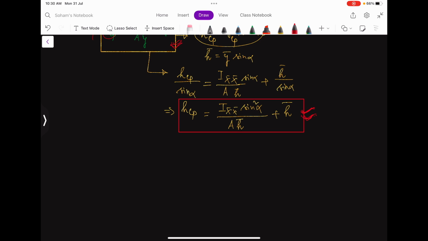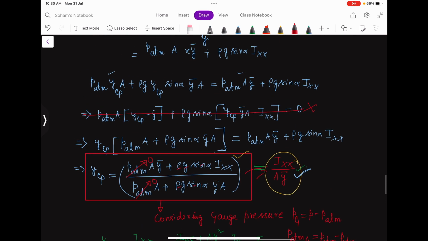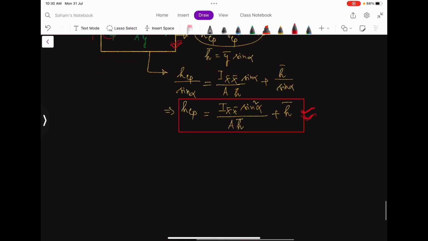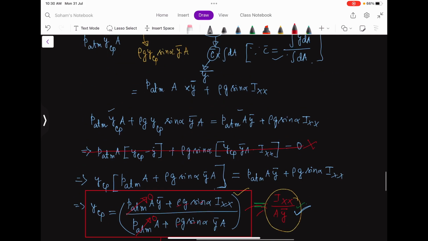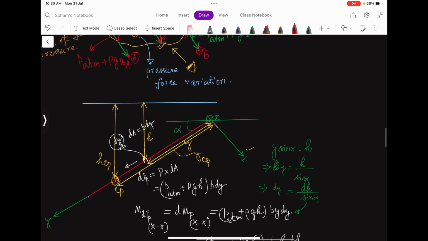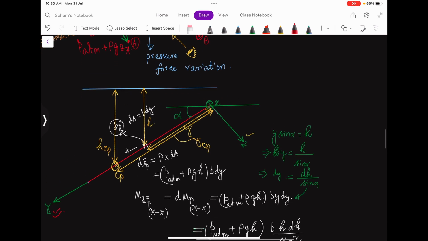Let us quickly complete another part. I took the moment of pressure force about xx. Now let me take that about yy, and the yy axis is this, along the length of the plate.